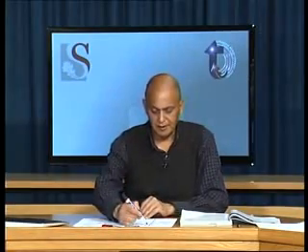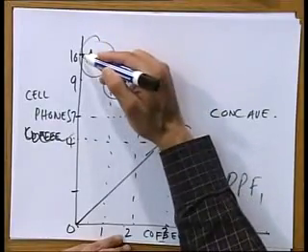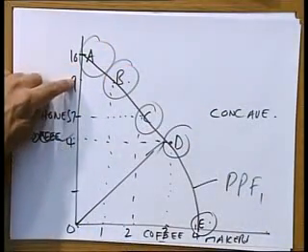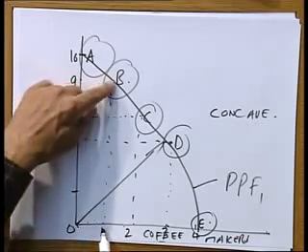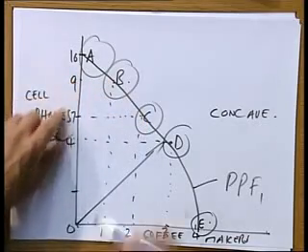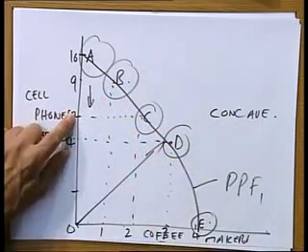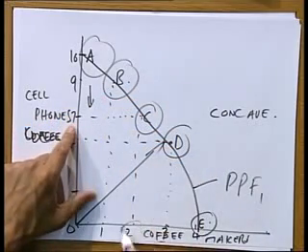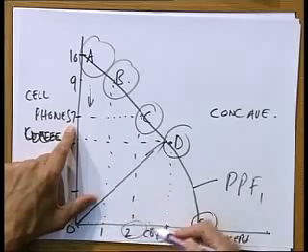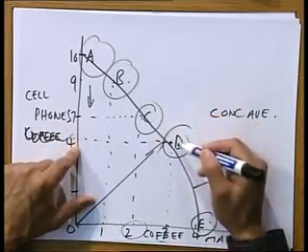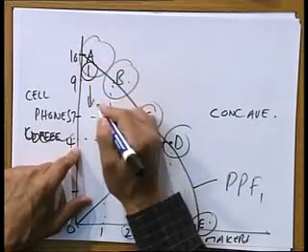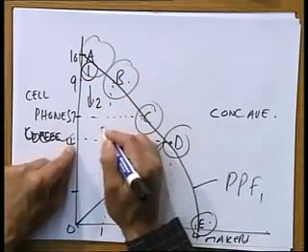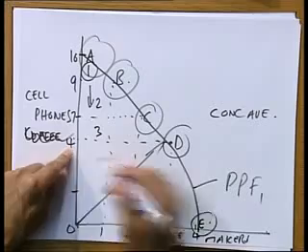And the reason for this is simply because as you move along from A to B, you are sacrificing one cell phone to produce one coffee maker. As you move from B to C, you are sacrificing 2 cell phones to produce an additional coffee maker, to move from 1 to 2. If you move from C to D, the opportunity cost is 3, from 7 to 4. So what are you seeing?